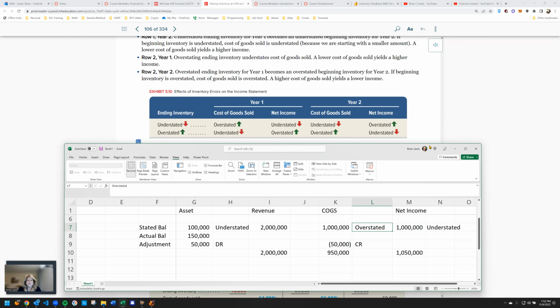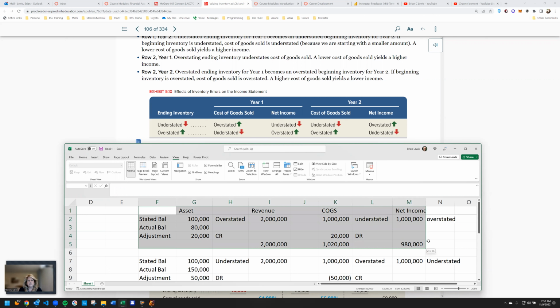All right. Well, again, this is all that memorization, trying to figure it out and remember everything. It gets a little bit overwhelming. If you're having a hard time memorizing it, then use an approach to work it out. Create a scenario where it's overstated, create a scenario where you're correcting it, and then walk the debits and credits through and see what it ends up looking like, what it should be versus what it is, and whether the value is under or overstated.